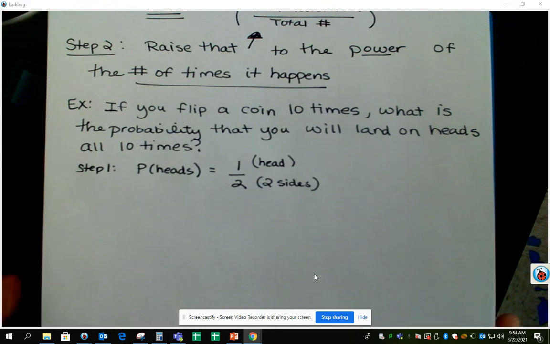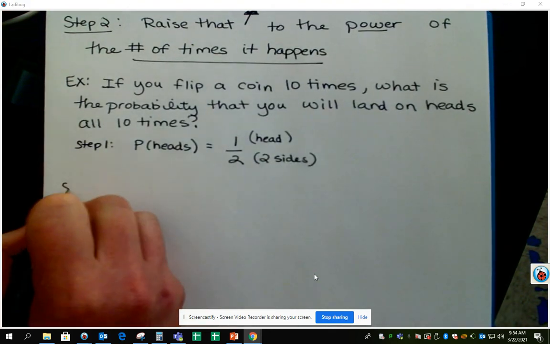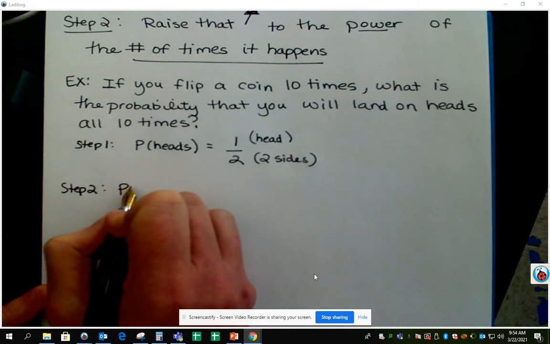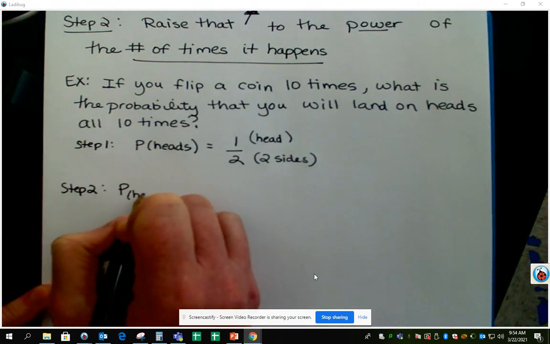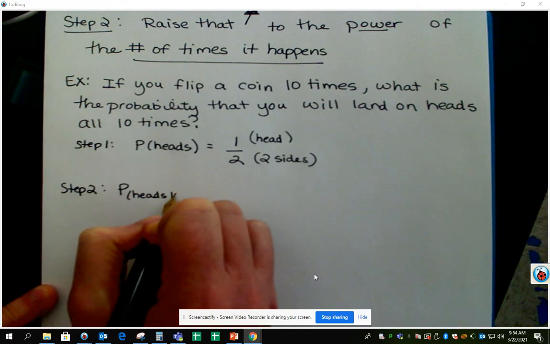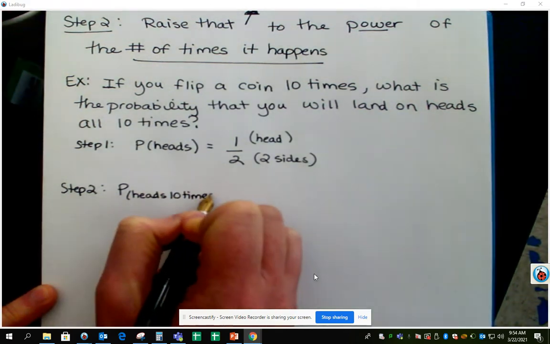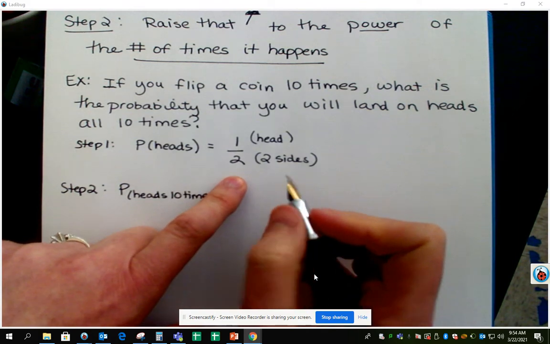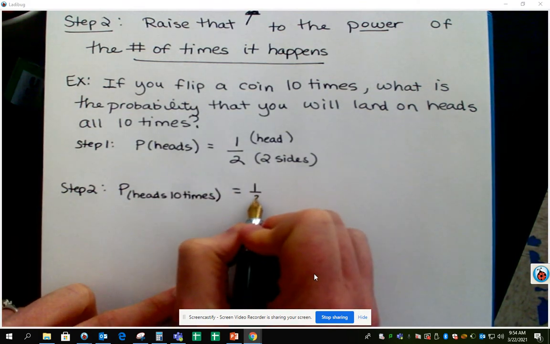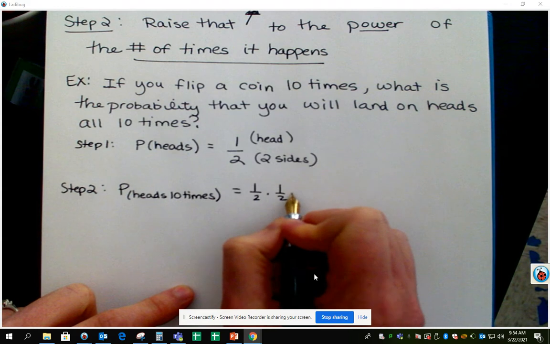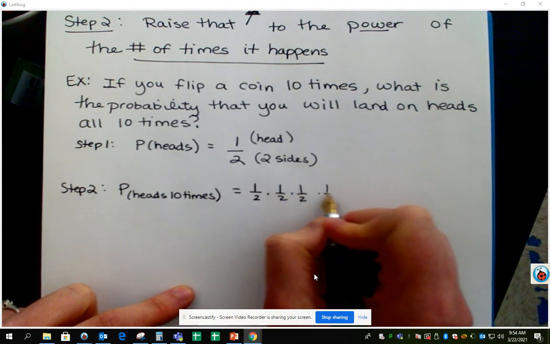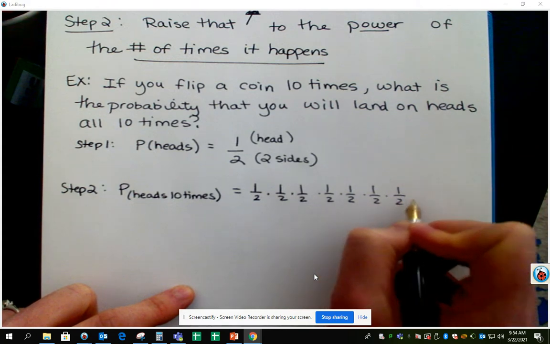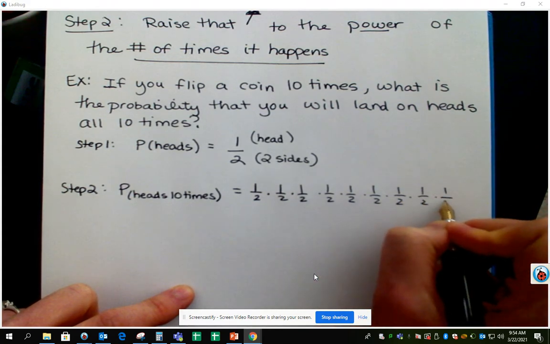Step two, to find the probability of landing on heads 10 times, would be to multiply this by itself, raise it to the power 10. So 1/2 times 1/2, 3 times, 4 times, 5 times, 6, 7, 8, 9, 10.